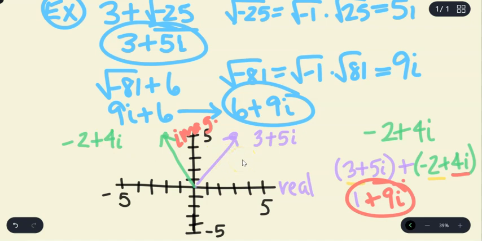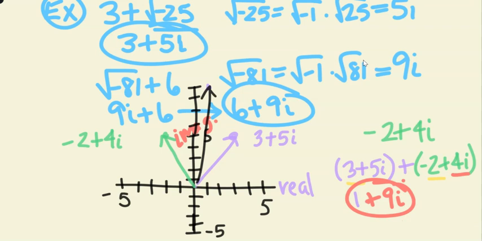Now my plane, I'll go ahead and extend this out a little bit, 6, 7, 8, 9, just for funsies. So I'm going to go over 1 and up 9. So my new vector is going to be right here. That's 1 plus 9i. Now, how do we get that?